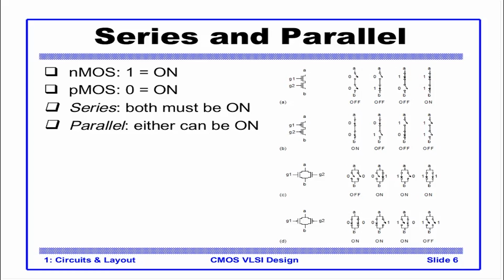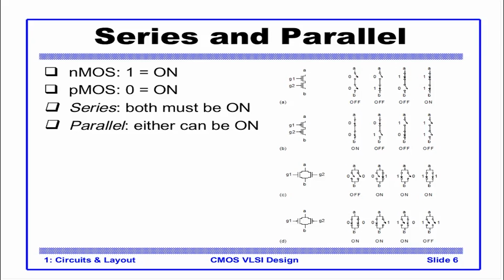Now, the important point to note here is that G1 and G2 are controlling signals. Whenever a path exists from A to B, A is the input connected to the drain, and B is connected to the source.